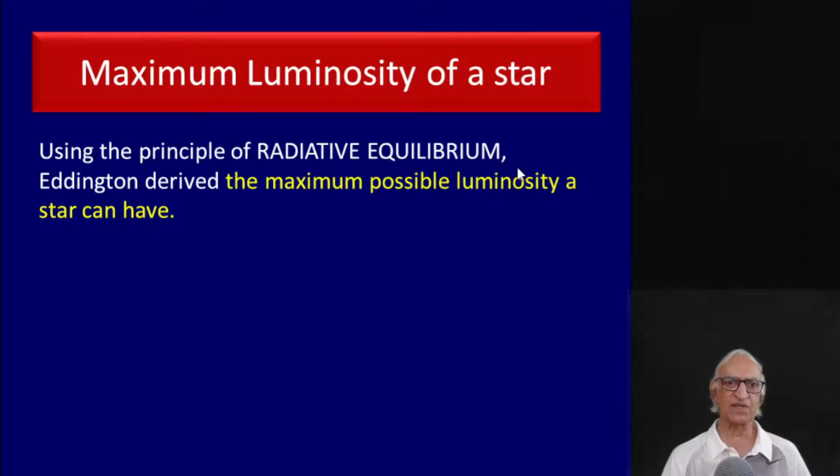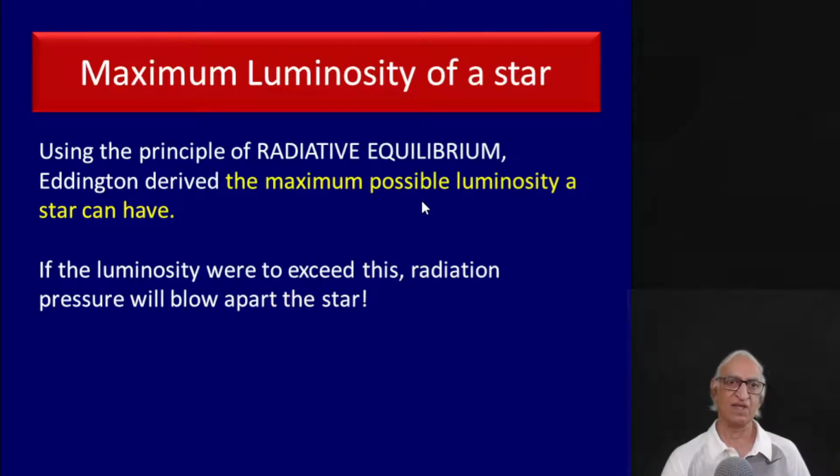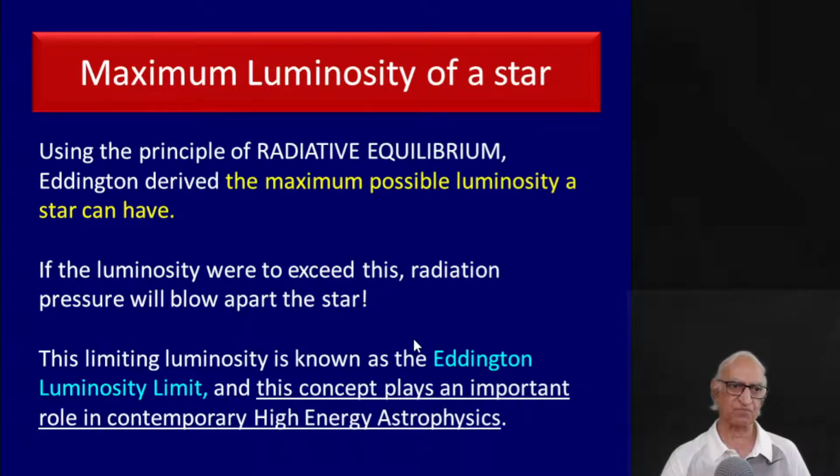Using the principle of radiative equilibrium, just as we just now did, Eddington derived the maximum possible luminosity a star can have. What is the physical significance of this? It is that if the luminosity were to exceed this value, radiation pressure will blow apart the star.